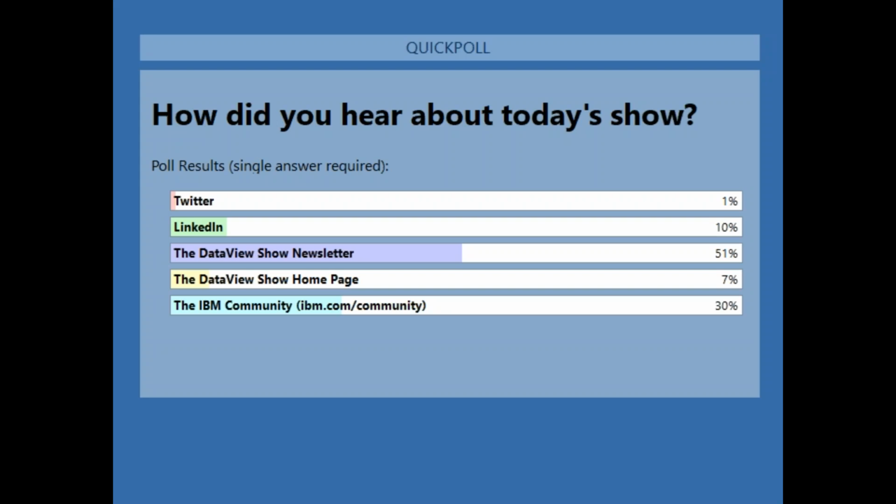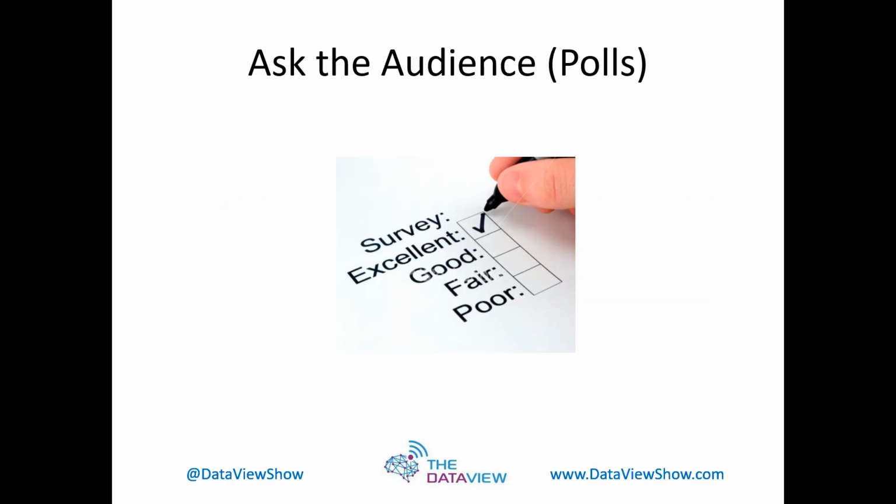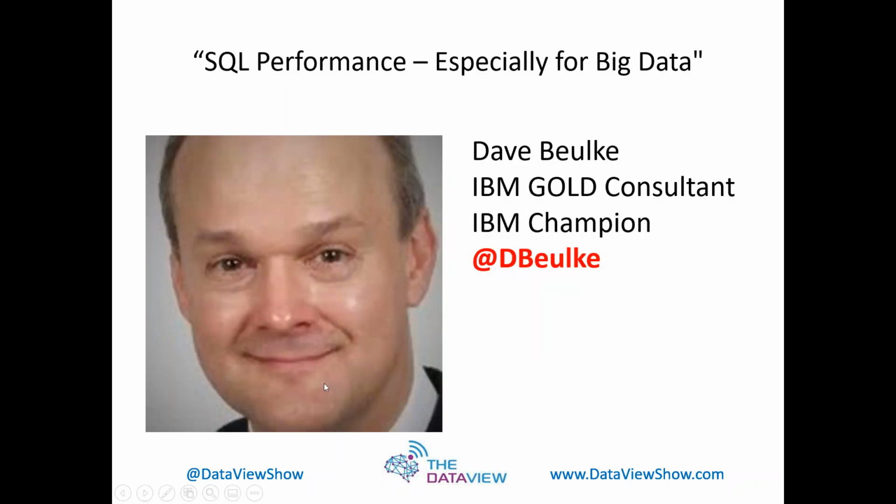The DataView show newsletter was the most popular source for today's show, and 30% learned about it from the IBM community and the DataView show homepage. So there we go. That's how people found out about you today, Dave. Cool. And we'll save another polling question for the end. We're going to ask people if they learned anything today, and I'm going to give a high probability that people did learn things from you because you're a super presenter.